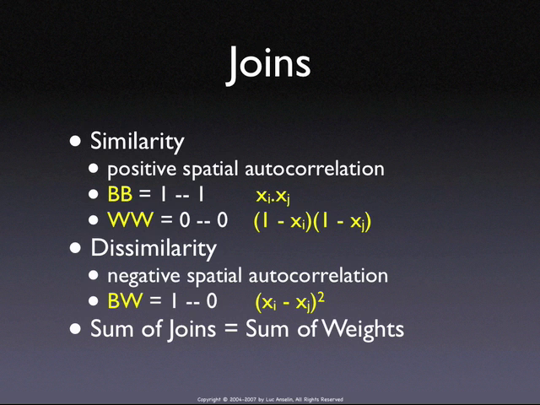So then formally, this gives us a way to build our statistic. Our statistic is Wij, which we know how to do, times Aij. And here we found 3 specific expressions for Aij. One for the BB join, xi times xj. One for the WW join, the product of the complements.